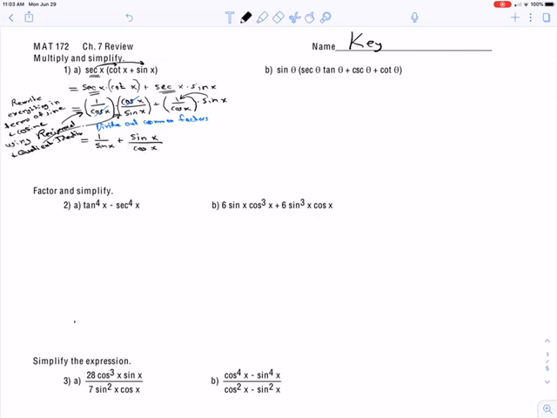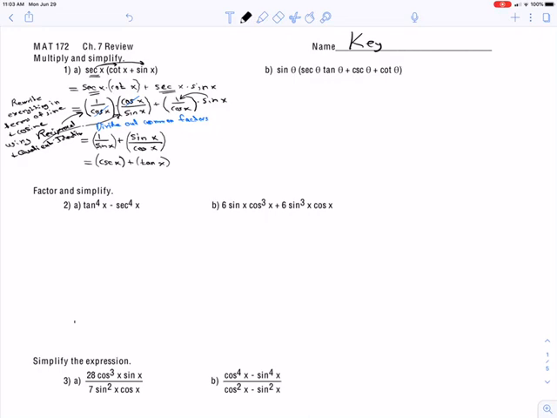And now we're ready to apply our identities again. Let's apply the reciprocal and quotient identities. With this one we have 1 over sine. Well, 1 over sine, we know sine is reciprocal with cosecant. It's cosecant x. Plus, we know sine over cosine is the definition of tangent of x.